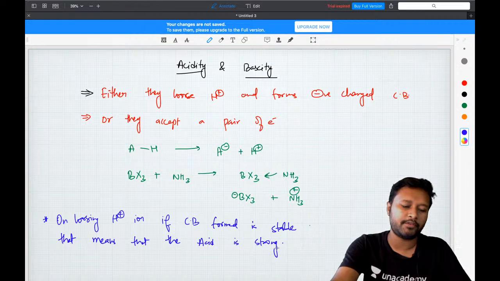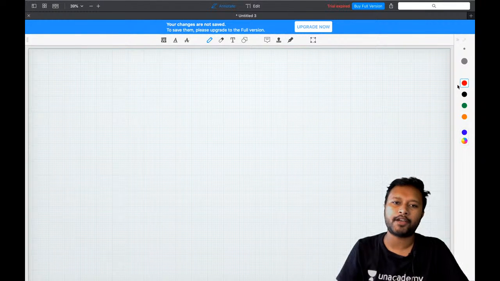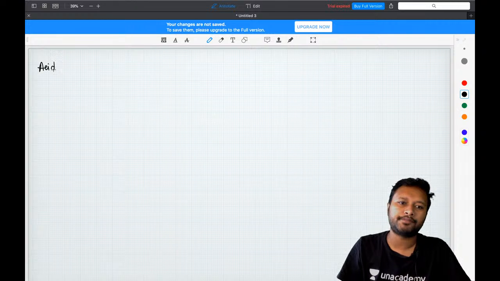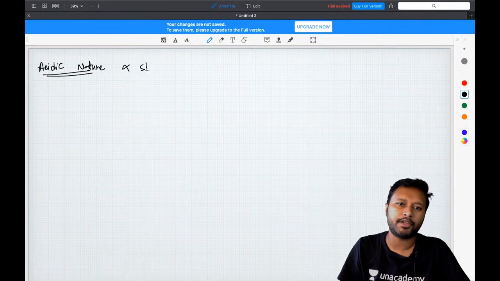Let me first give you a kind of flow chart which will help you identify this. The acidic nature of the compound is proportional to the stability of the conjugate base, that means the negatively charged species.